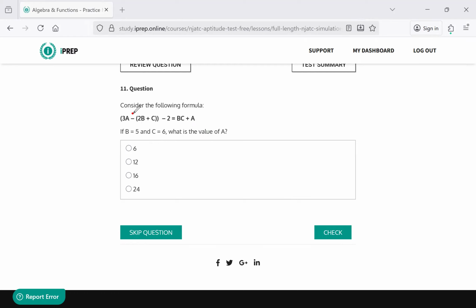So you have this minus here, so it's going to be 3a, and then distribute this minus, so it's going to be negative 2b minus c, and then this minus 2 is outside the parentheses, so you bring it down, equals bc plus a, right? So, can I simplify the inner parentheses? No, because they're different letters. So now what I would do is just plug in my values.